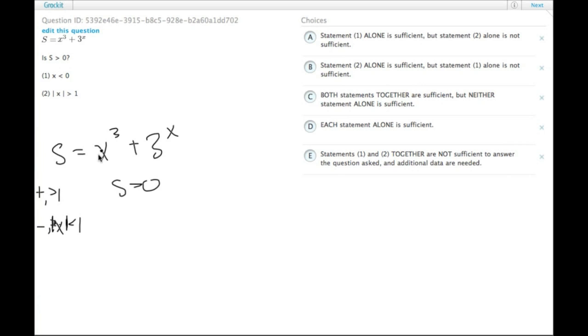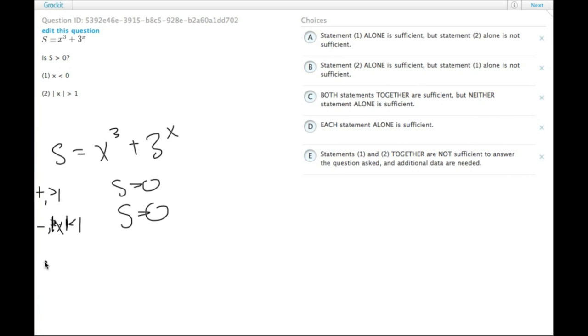If it's a negative fraction, x to the third will be a very, very small negative fraction, and then this will be added to 3 raised to a negative fraction, which will still be a number larger than the tiny fraction of x to the third. So if x is a negative fraction, then s will still be greater than 0.